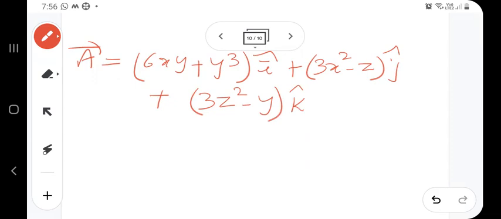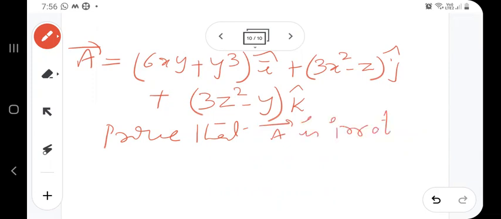Prove that the vector a bar is an irrotational vector. Problem: prove that a bar is irrotational.